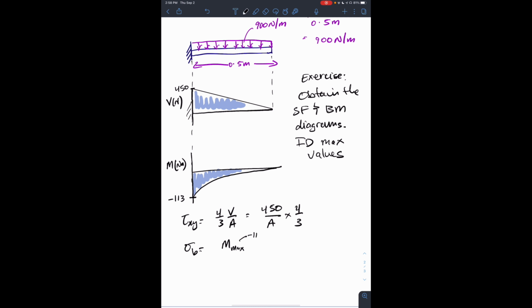Alright, so this is minus 113 times y on I. So you could recall getting your bending stress from strengths, where y is the distance from the neutral axis and I is the second moment of area.